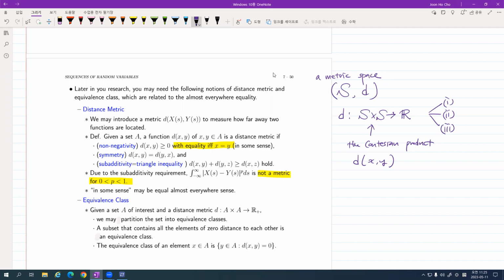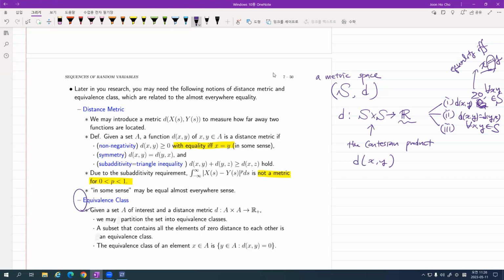The first thing is non-negativity. So d must be restricted to R plus, where R sub plus means non-negative. The second one is symmetry. So d(x,y) is greater than or equal to 0 for all x and y in S, and d(x,y) equals d(y,x) for all x, y in S. By the way, the equality holds if and only if x is equivalent to y, or x equals y, and I will talk about this equality later.